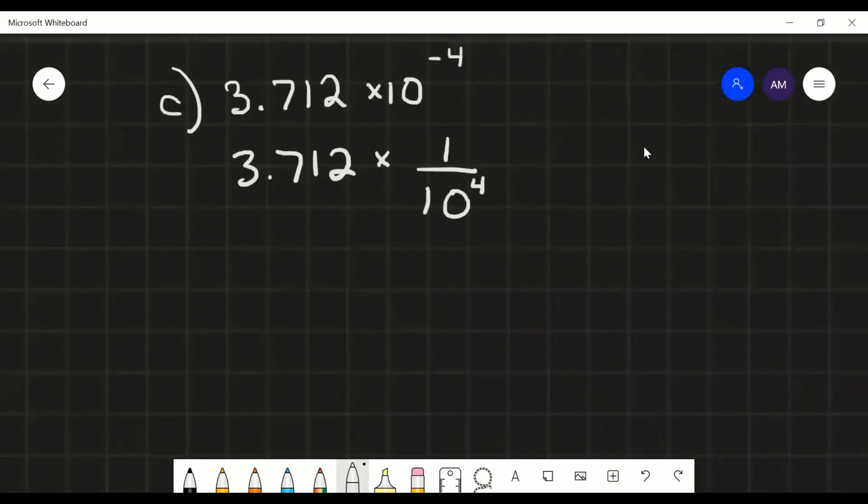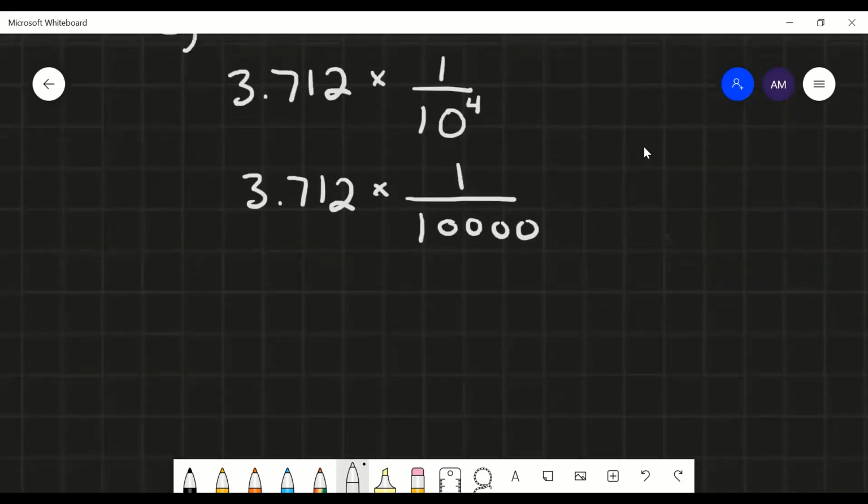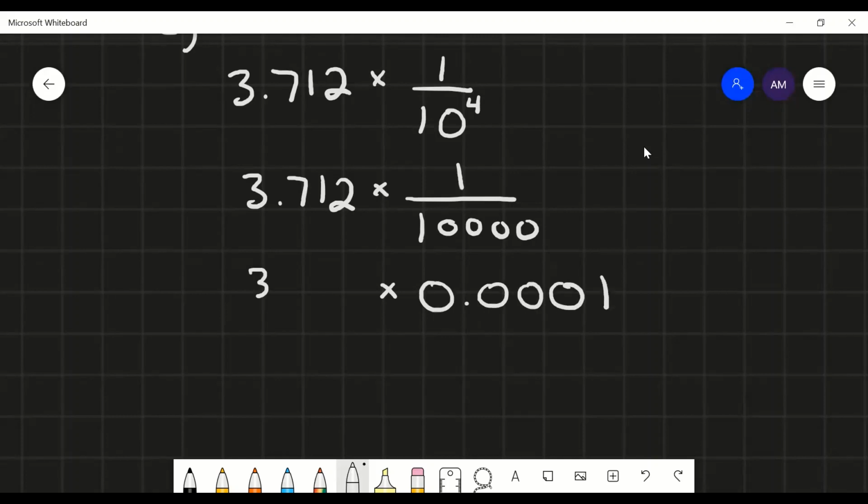And 10 to the power of 4 is just 1 with 4 zeros. What happens here? Well, 1 divided by 1 with 4 zeros is actually just 0.0001. A calculator can get that number, or you can realize that the 4 zeros are actually just here. 1, 2, 3, 4.